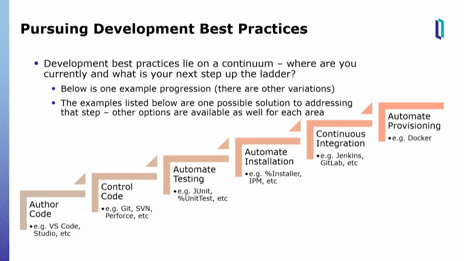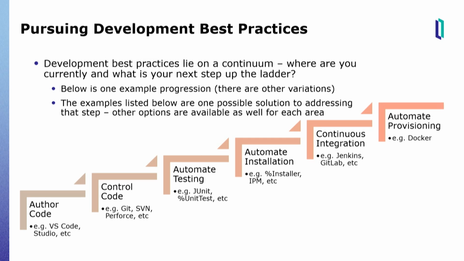So first of all, development best practices. What you see here, and actually I'm going to stand over here so I can reference that and not keep looking over my shoulder, is basically a ladder. There's a progression of best practices that you as a developer can attain as you move from authoring code to being able to control that code, to being able to do automated testing, because if it's not automated, it's not going to happen.